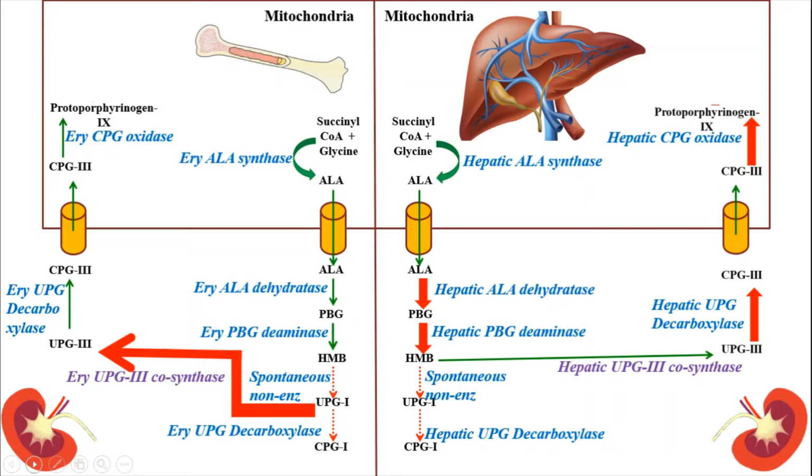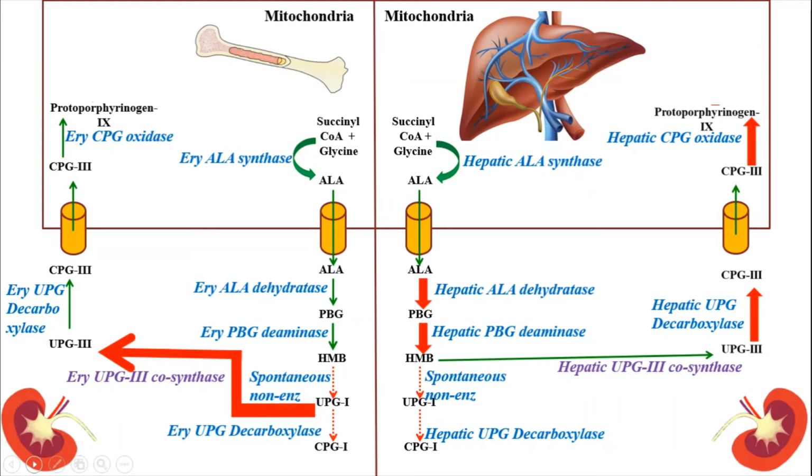The documented disease is hereditary coproporphyria, in which hepatic CpG oxidase is either deficient or defective, resulting in accumulation of coproporphyrinogen 3 in hepatocyte.